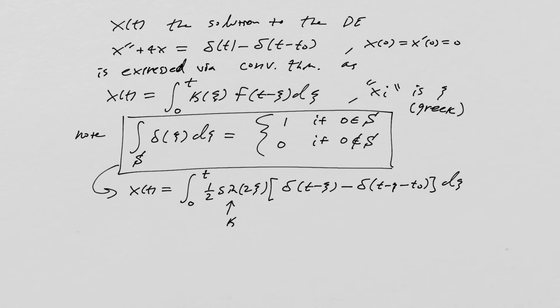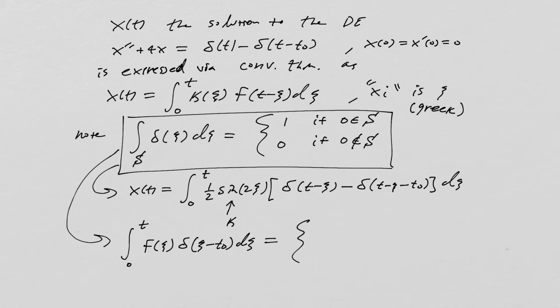We also have to note another identity, which is if I have an integral from 0 up to t of some function f of c, times a delta function, c minus t naught dc, this is going to be equal to f at t naught if t is greater than t naught.